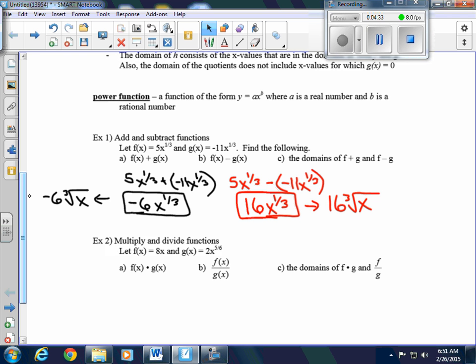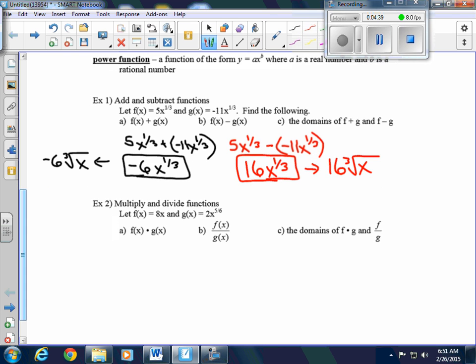Now for part C, it says find the domain of f plus g and f minus g. So in the first one, if we look at our domain, remember again, the domain is the x values. If we look here, are there any numbers that I cannot put into x? If I put in 0, well, the third root of 0 is 0. 0 times negative 6 is 0.